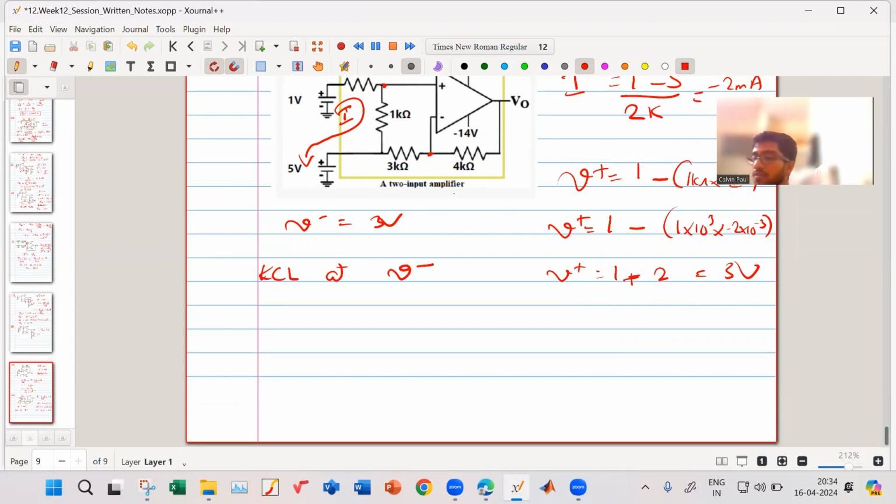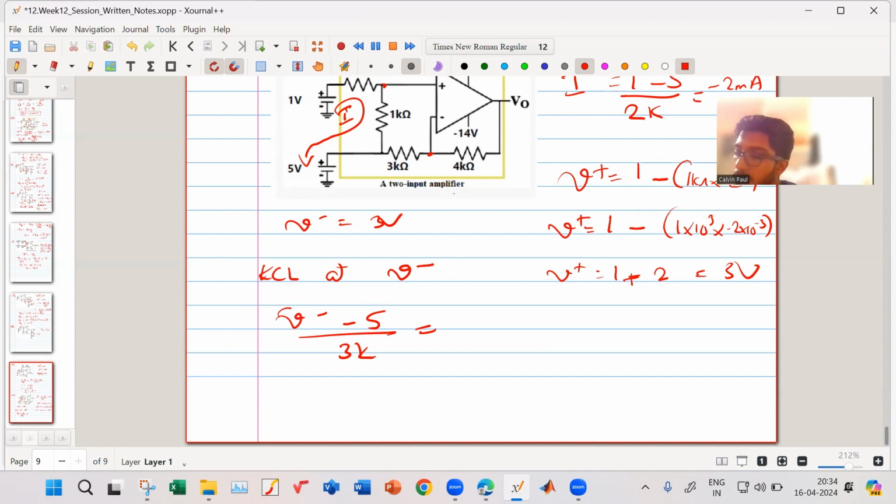V minus 5 by 3k is equal to outgoing current. V minus V out by 4k, also outgoing current, right? Both are outgoing.